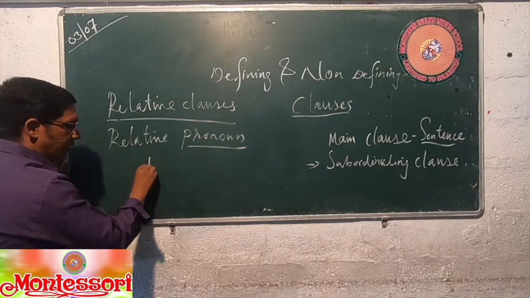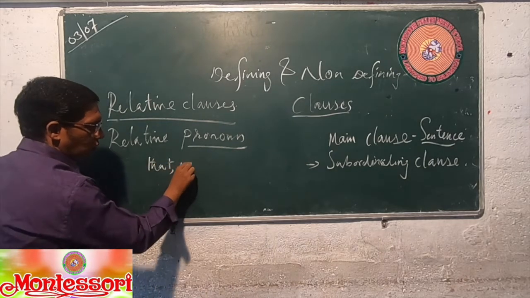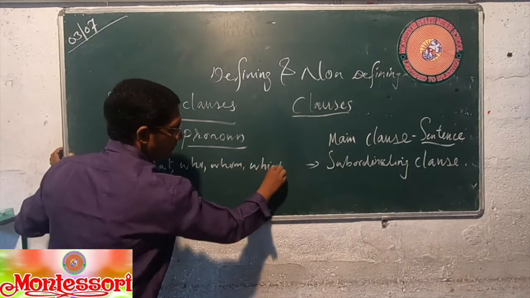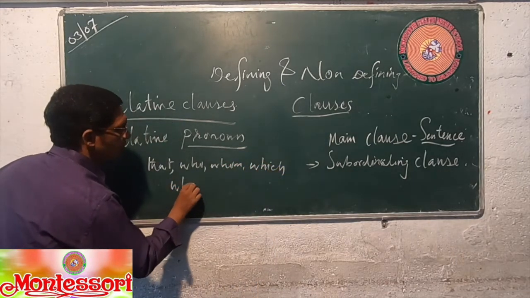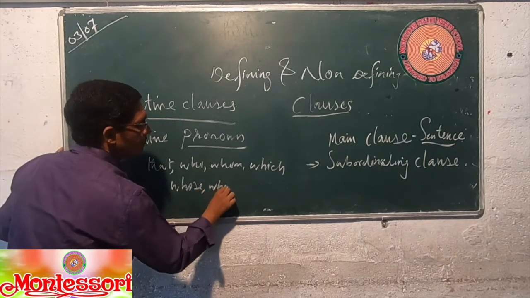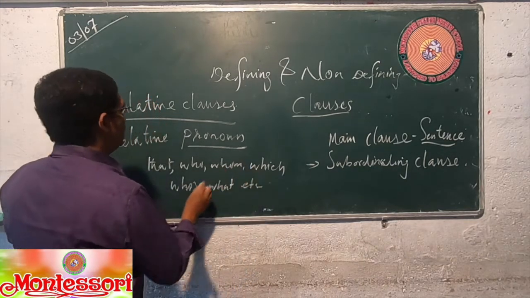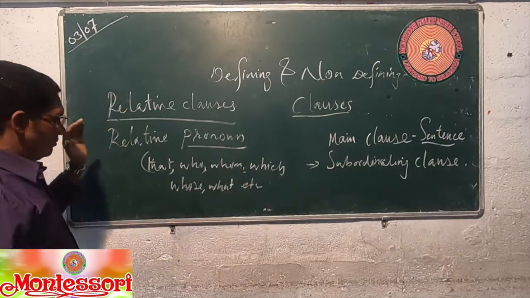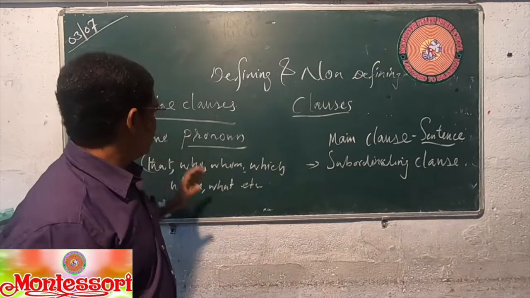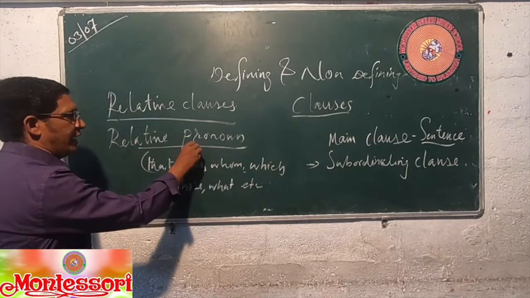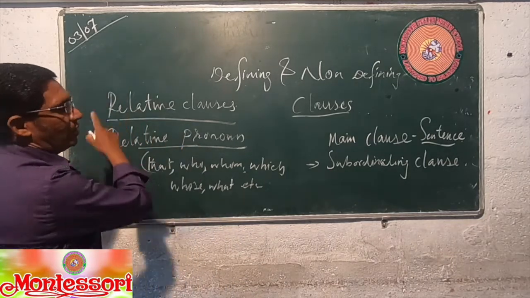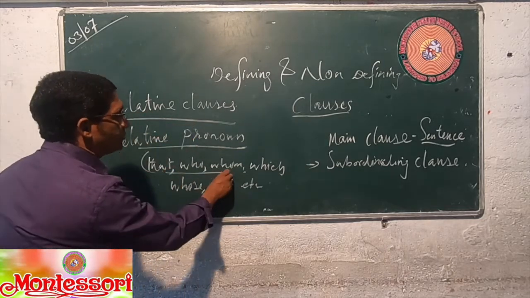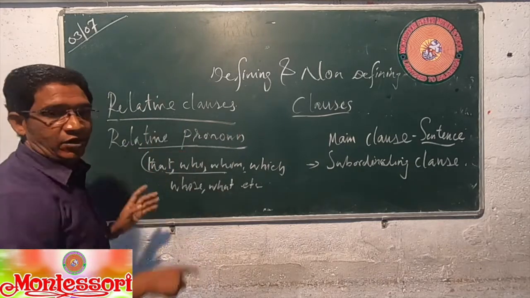Relative pronouns are that, who, whom, which, whose, what, etc. We use a relative pronoun to connect a clause with a main clause. Whenever a relative pronoun is added to a clause, that clause is called a relative clause, and the relative pronoun should relate to the pronoun of the main clause.